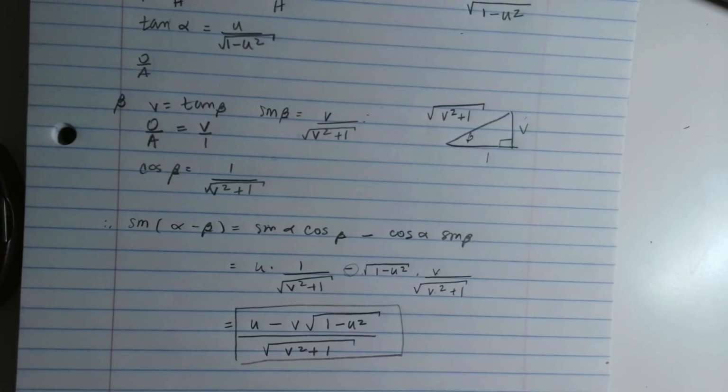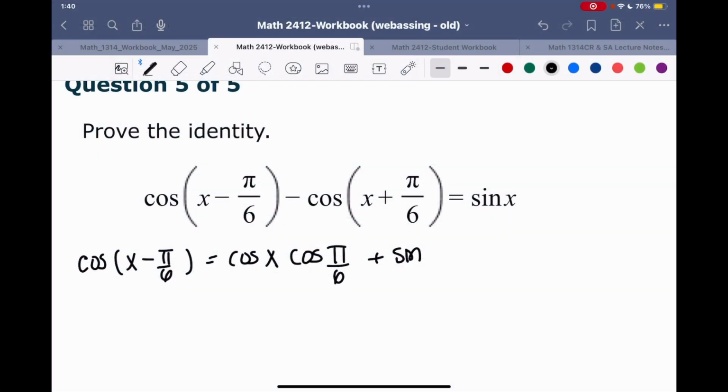There you go. We're substituting the sum and difference formulas. So for sine of x minus pi over 6, you're going to get sine x cosine pi over 6 minus cosine x sine pi over 6.